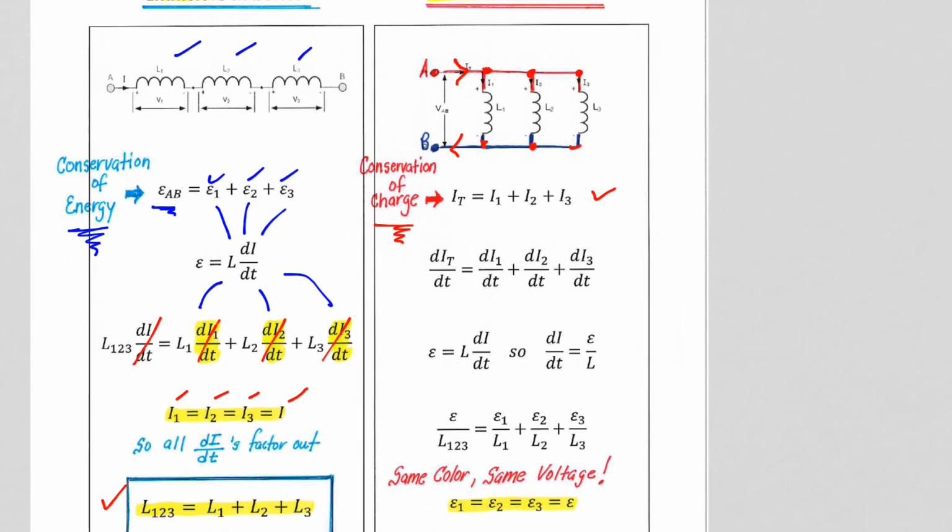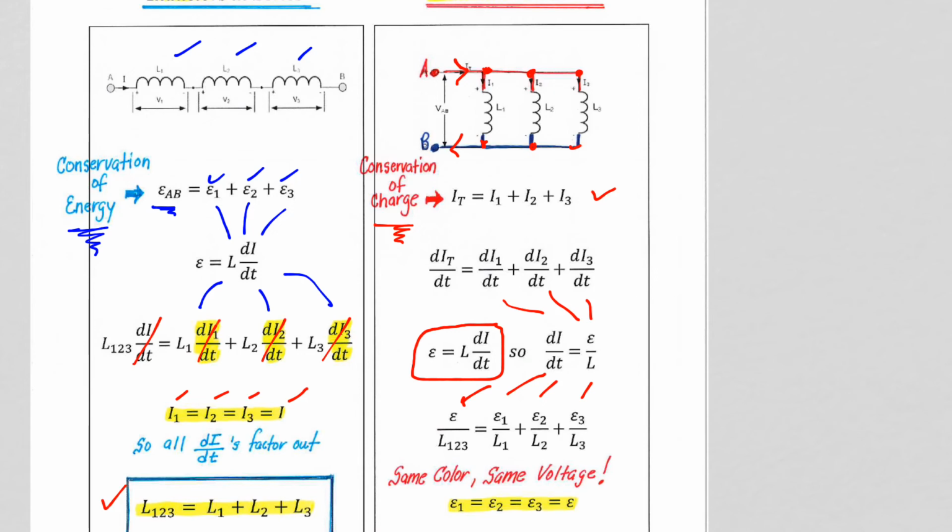We can take the derivative of both sides of that equality. We can then look at our Faraday's law relationship, that the voltage equals L di/dt. Do a little algebra, di/dt equals voltage divided by L. So we're going to substitute in each of those terms. So that's how we get these terms, just like we did for the series case, the same concept.